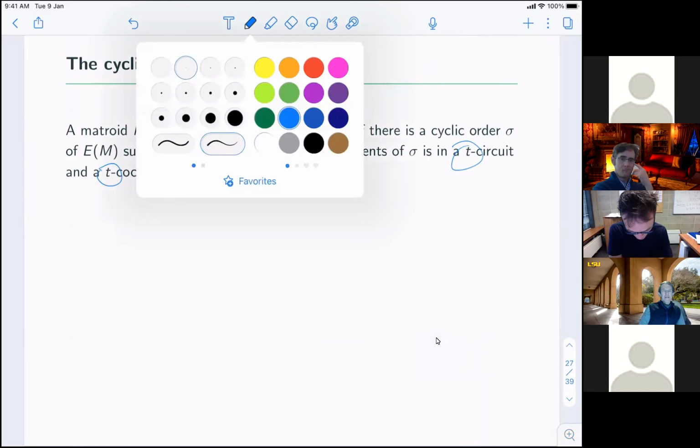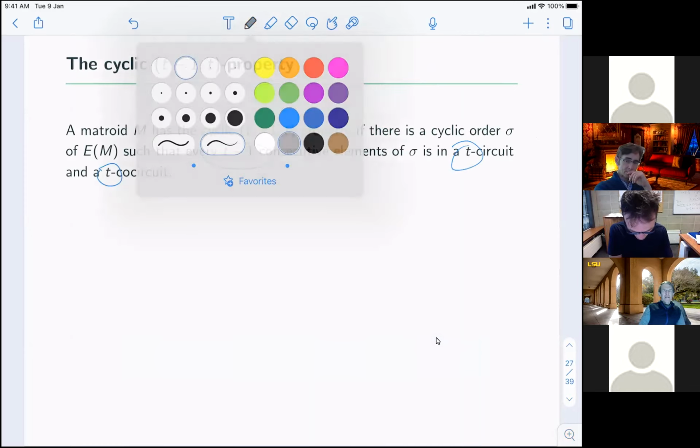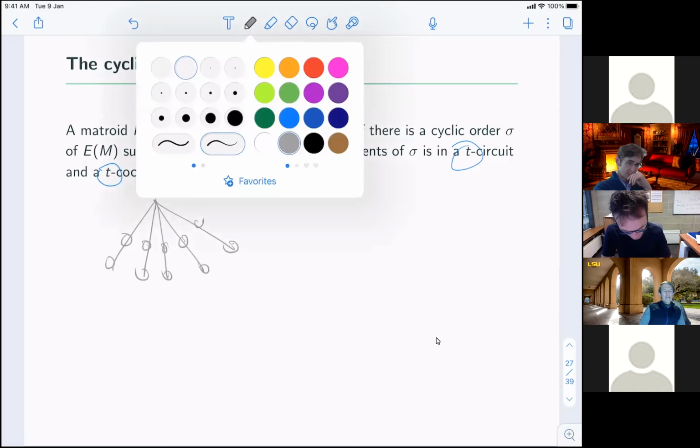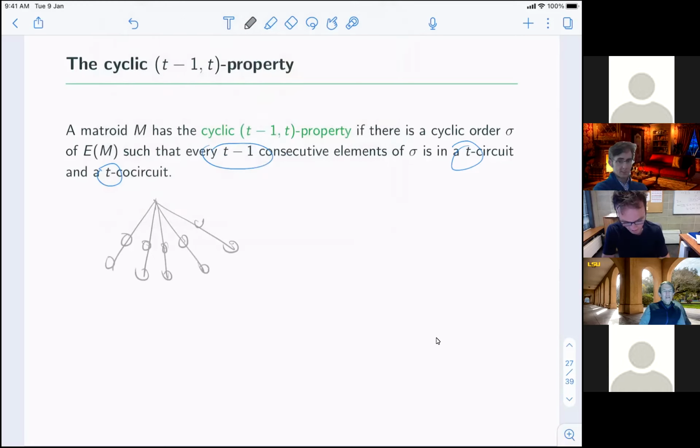So we've seen wheels, and of course whirls, work like that as well. What about other ones? Well, we'll go back to our spikes. Do they do it? Remember, spikes have the property that every pair of elements is in a 4 circuit and a 4 co-circuit. But now I want to do an ordering.